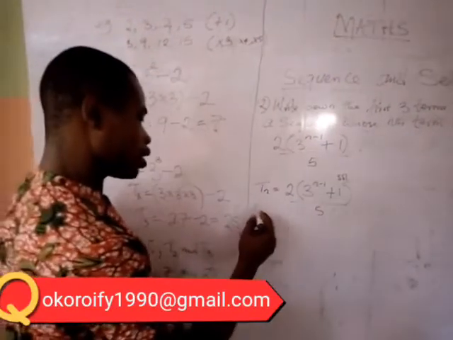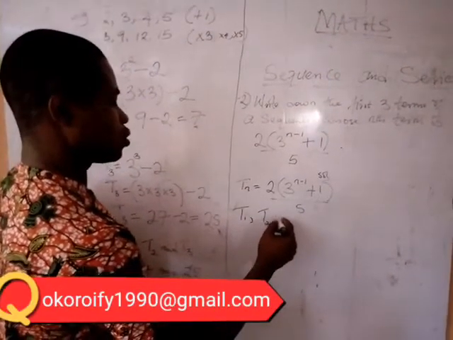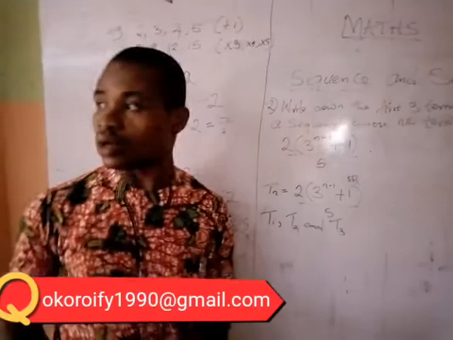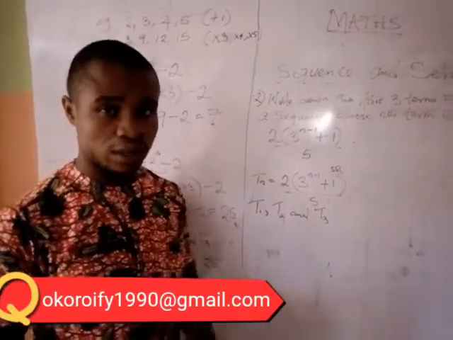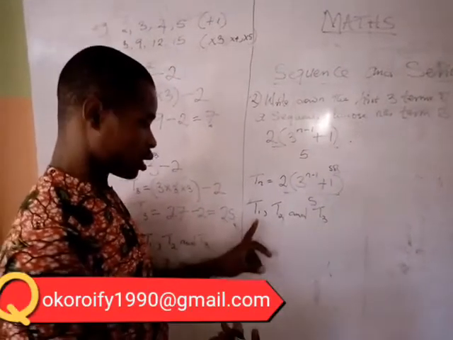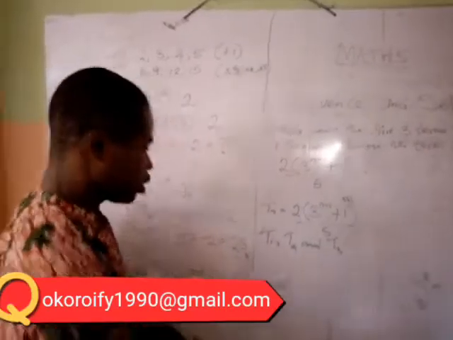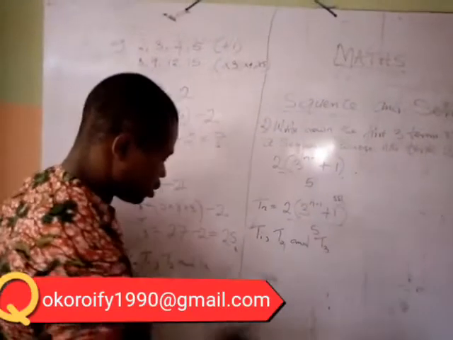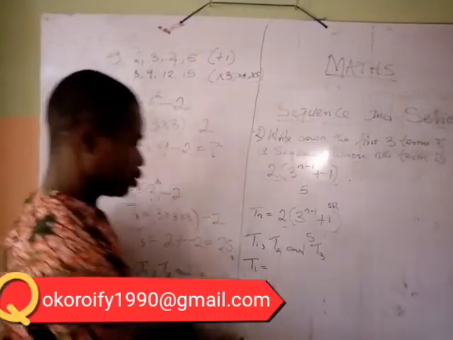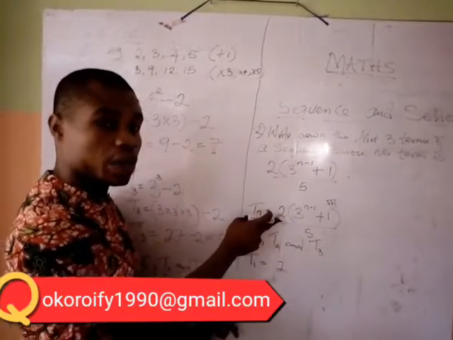So what are we looking for? We are asked to find the T1, the T2, and then the T3. So how do we find the T1, the T2, and T3? Using the first procedure, anywhere you find your T1, you now substitute the n by 1. So that will give us T1 equal to, we have 2, just bring down the 2 outside the bracket.